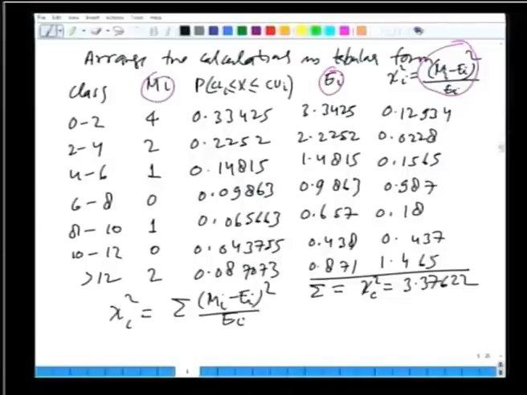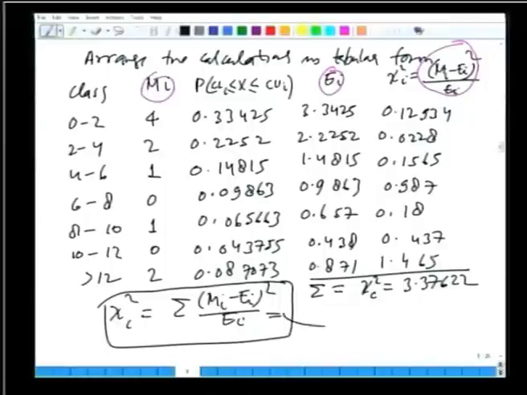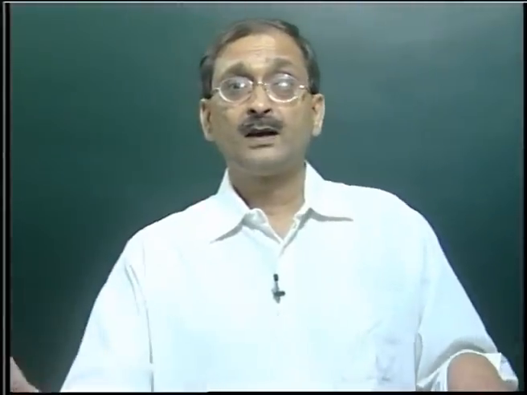So we calculate this for each cell, sum the last column up, and that gives you chi square, which in this case is equal to this number. All right. So we have calculated the computed value of chi square.